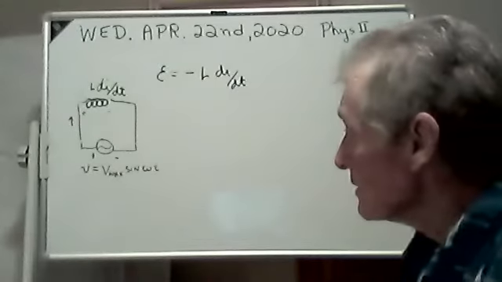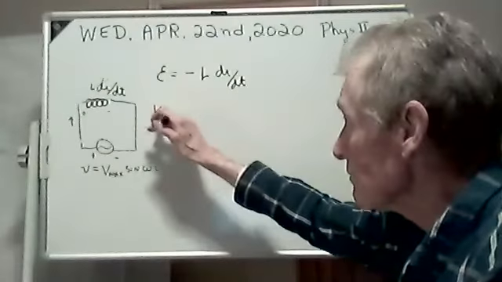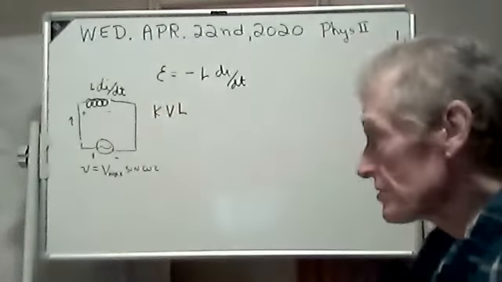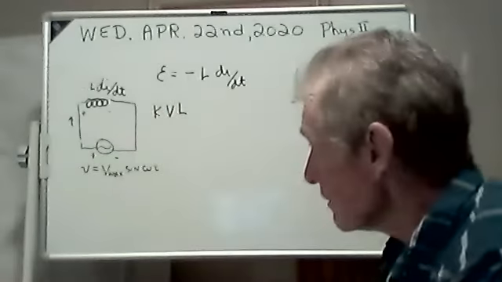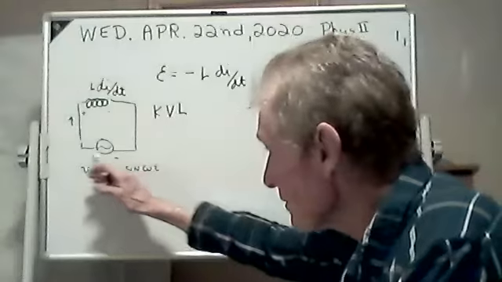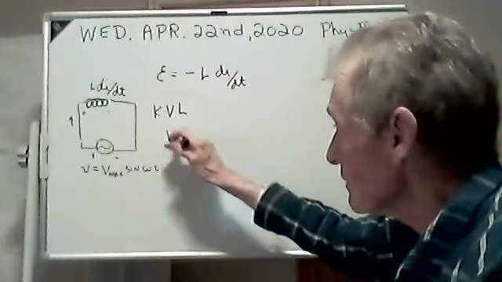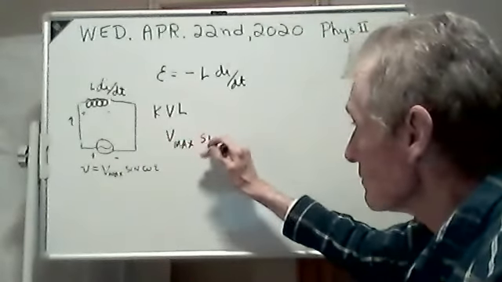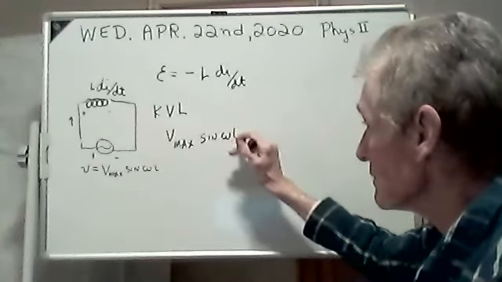Lenz's law. So now we're going to write our Kirchhoff voltage law, and we're just going to go around the circuit. Okay, well, when you go from here to here, you have V max sine of omega t.